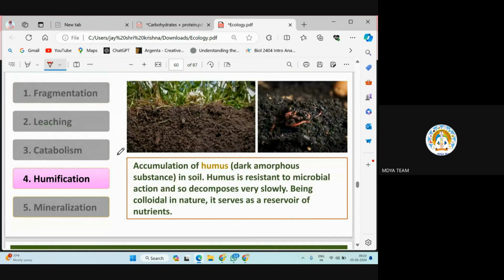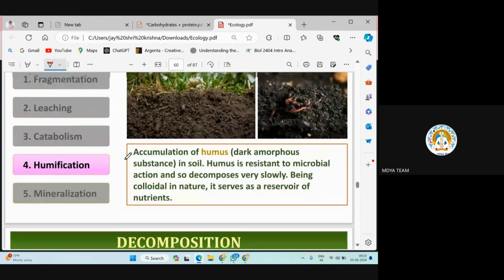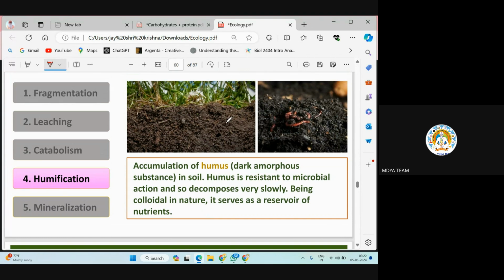Next is humification. If the bacteria and fungi digest all the organic substances into simpler substances, these will be accumulated as humus, a dark amorphous substance.